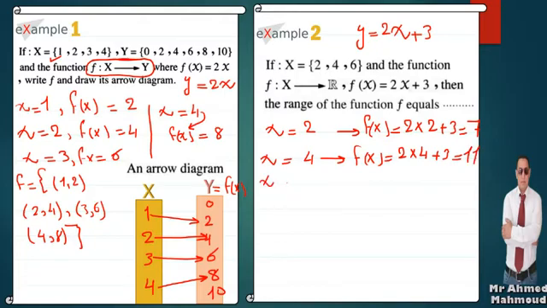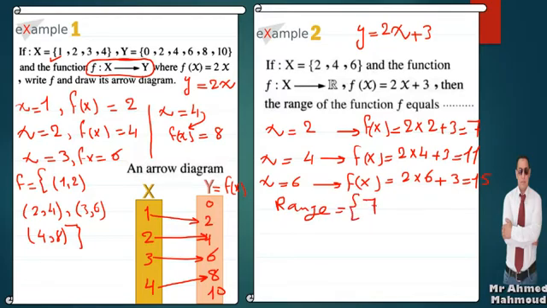At x equals 6, then f of x equals 2 times 6 plus 3 equals 15. Then the range equals the set of 7, 11 and 15. Okay, the next example.